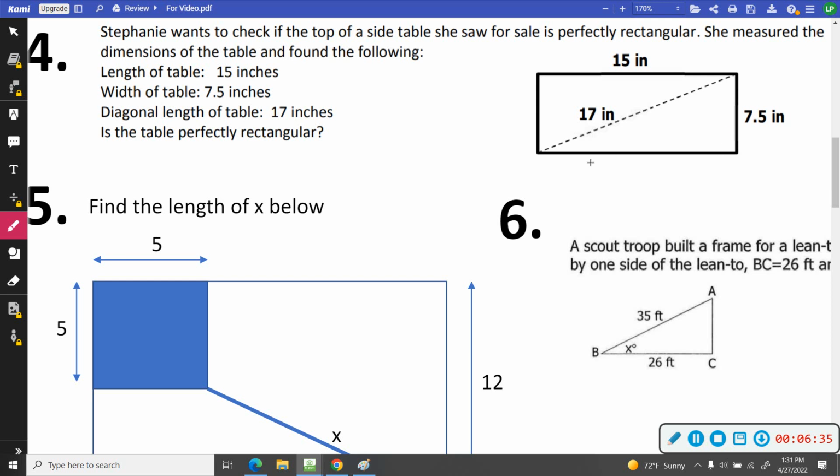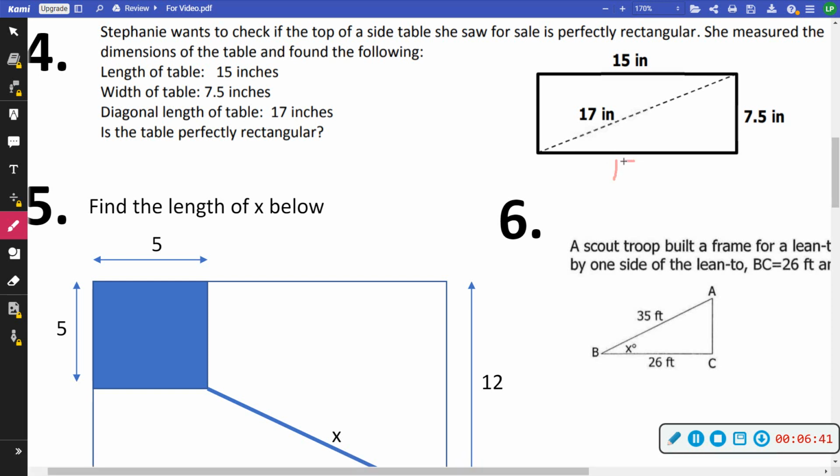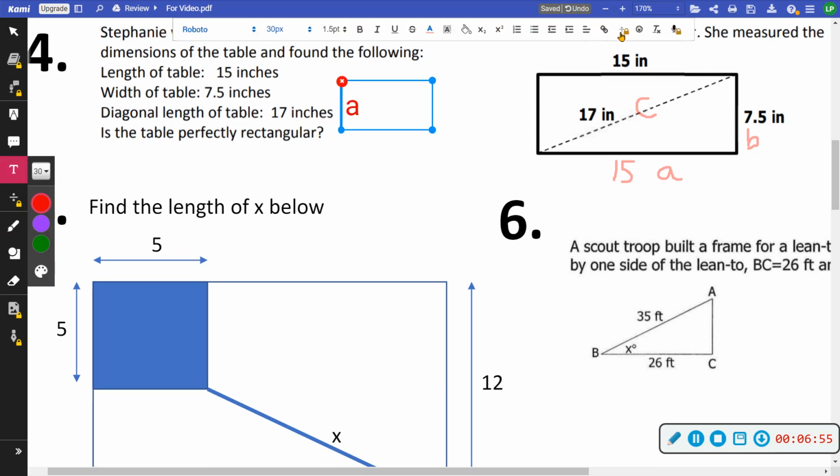The way we could determine if this is 90 degrees is, and I'll go ahead and label this as 15, if a squared plus b squared is equal to c squared, then it is perfectly rectangular. So if a squared plus b squared equals c squared, then this is a right triangle.